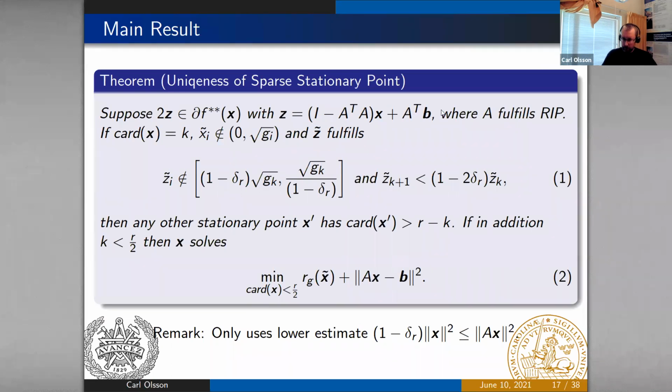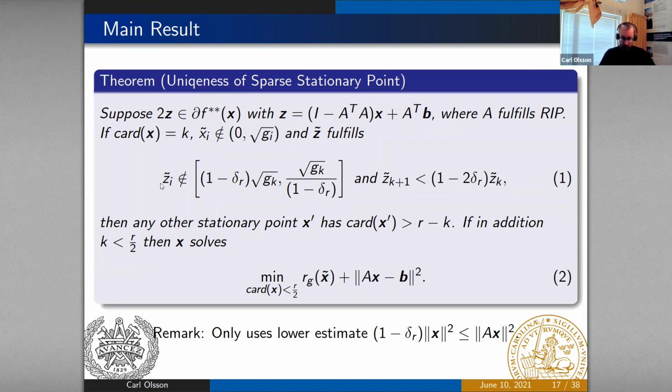So the first line here is basically stationary. We have a stationary point, and it has cardinality k, and we're not falling into this region where the regularizer is not the same as the original formulation.